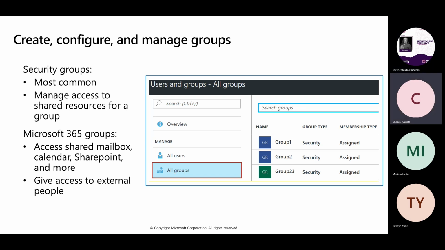Okay, sorry. So where would the HR department come under? Would it be under the security group or the Microsoft 365 groups? Like I said, it's based on what you want to achieve. If somebody is asking, create a group for me that everybody in HR will be in, at this point you're not yet doing role-based access control.